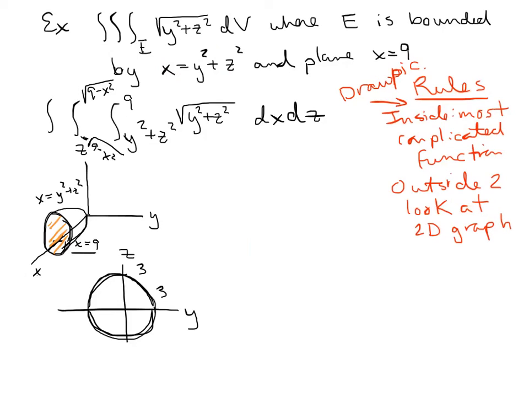And then the outside integral, so now my y's, those are numbers, so that would go from negative 3 to 3. And I want to write down a rule about that. The outside integral is always numbers. You're never going to have a function in that outside integral.